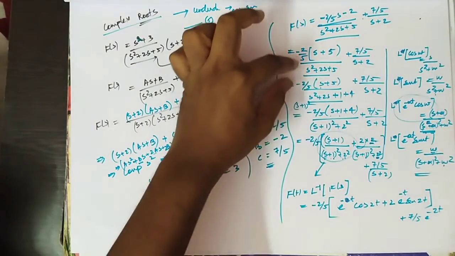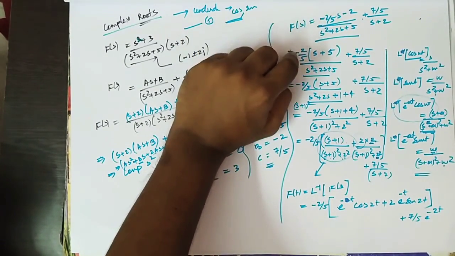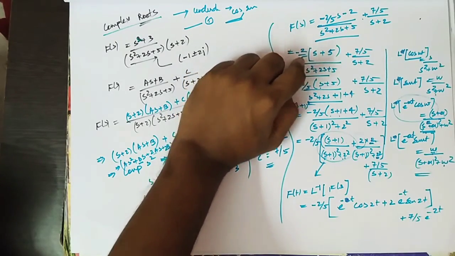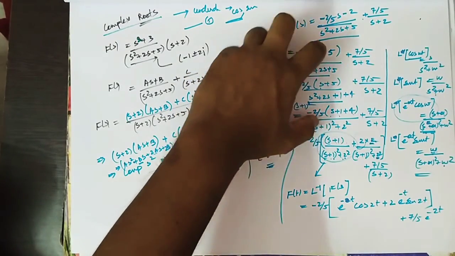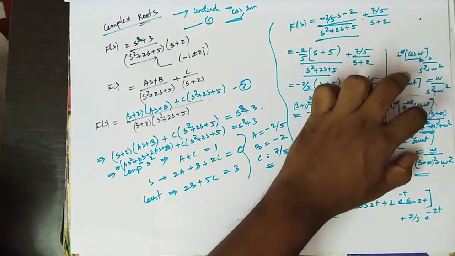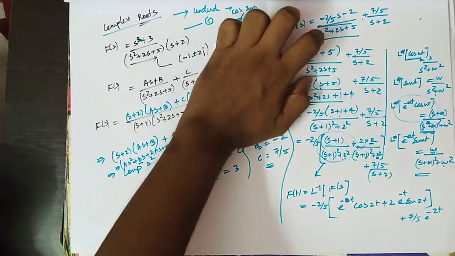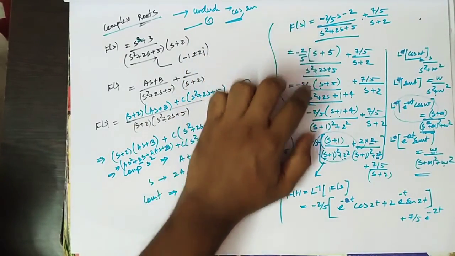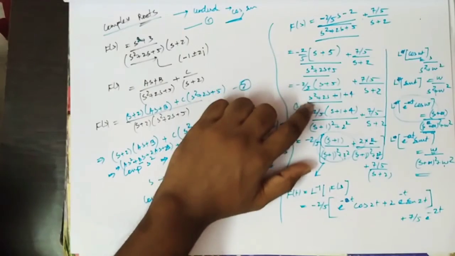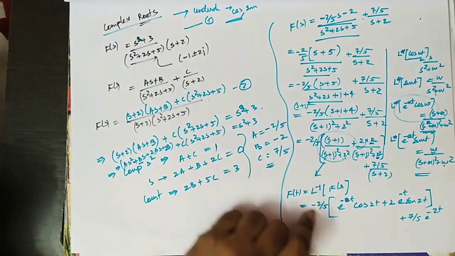So for this function, make the constant outside, minus 2 by 5 (s plus 5), and you need to rearrange this in the form of these terms. Initially you need to know this inverse Laplace. So you need to arrange this in these forms. After rearranging, you will be having the inverse Laplace of this.